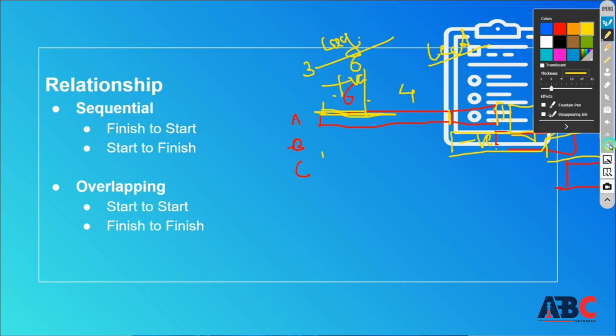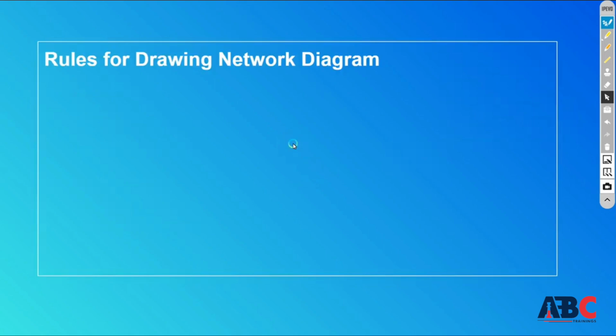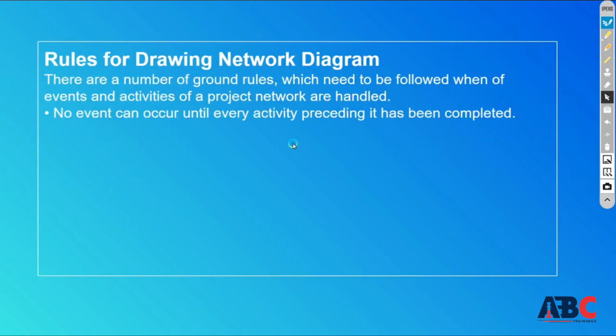But whenever we create a drawing, like a Gantt chart or a network diagram, there are rules and regulations for it. For example, first, if an activity is going on, you can't say it completed before its predecessor, because it is not completed.